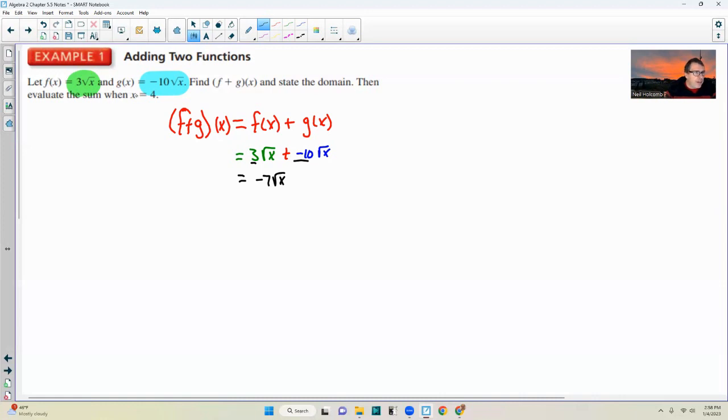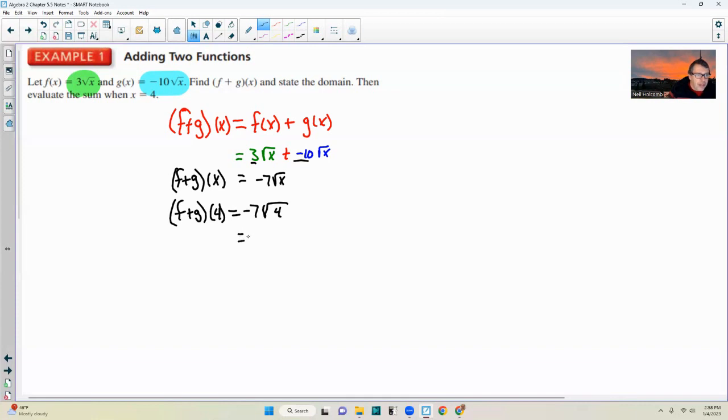And then it says to evaluate the sum when x equals 4. So now I have f plus g of x is this. So now I want f plus g of 4. And that's just going to be when I substitute in a 4 for x.